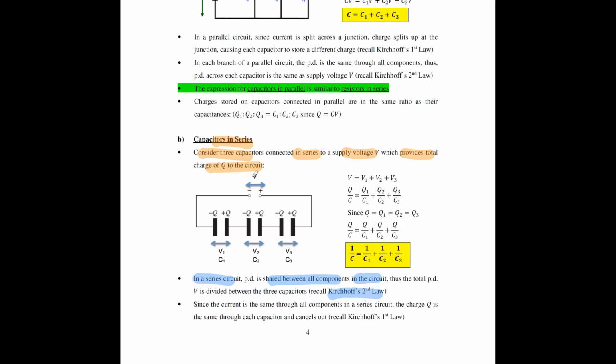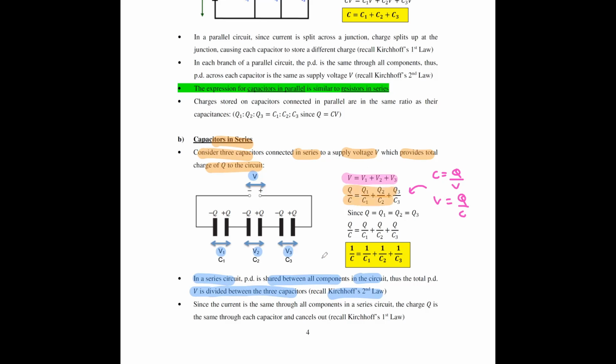All right, so here your total PD will actually be divided between your three capacitors, giving you V1, V2, V3 here. Okay, so if you were to try to write out one expression, V is equal to V1 plus V2 plus V3. And then after that, you want to change it so that it has capacitance inside. So C is Q over V, V is thus Q over C. So you put it in, you're going to get this expression here.